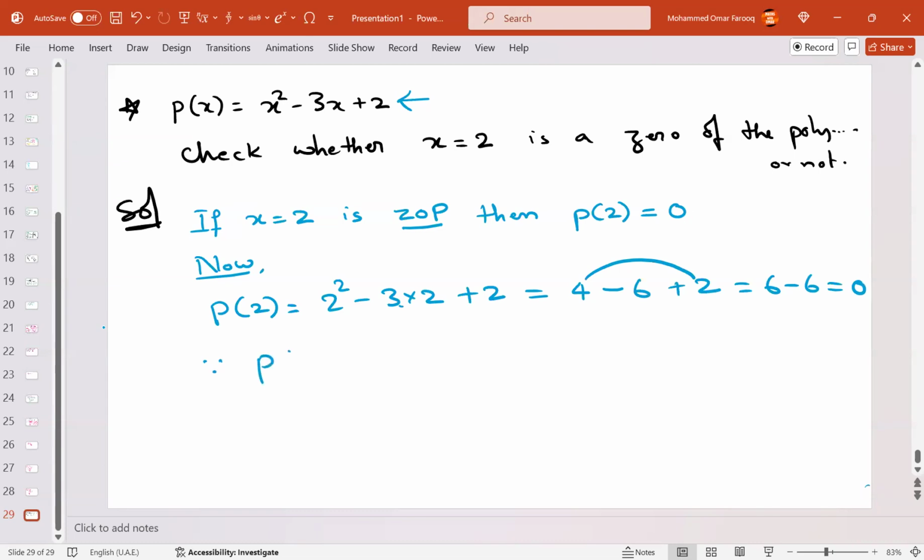So since P of 2 is equal to 0, x is equal to 2 is a 0 of the polynomial x square minus 3x plus 2. Is it clear?